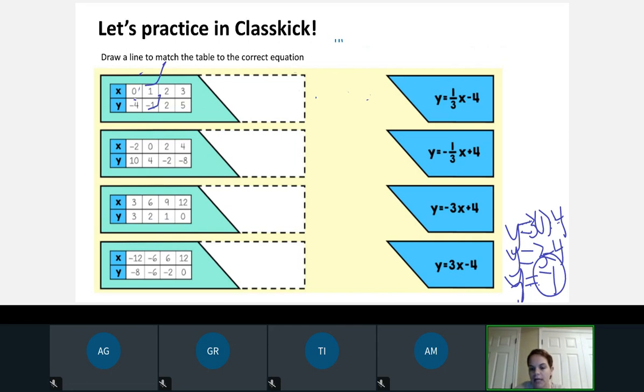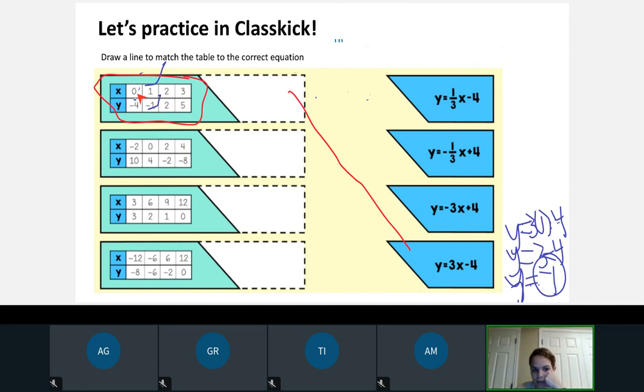Okay, so Meg, do you see how I plugged it in right here? I plugged in a 1 for x, and then you just solve it. So I am checking this top table right here. I'm checking this one to see if it's a match to this equation. So you pick an x from the table.